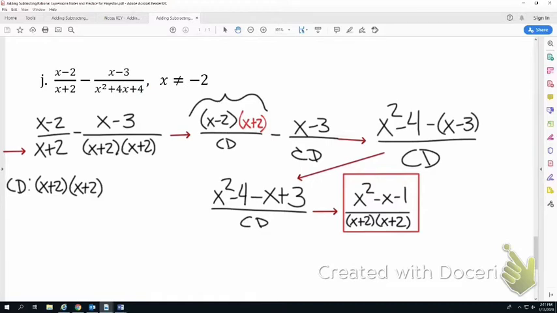So now, going along to that next step, I distributed the negative. So that's going to give me negative x plus 3, which is down here. And then I just simplified my numerator. And do not forget to actually write out your common denominator in the bottom.